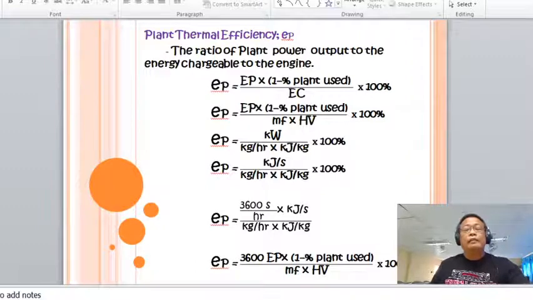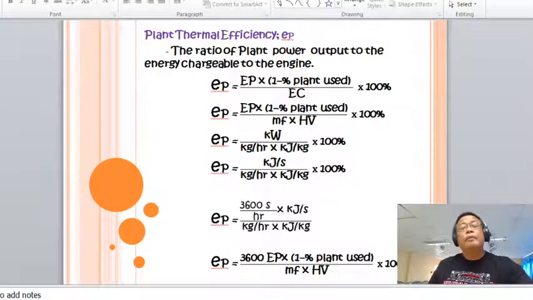Another is the plant thermal efficiency. We are now looking for the plant output here. Instead of electrical power, we are going to multiply that electrical power by the factor 1 minus percent plant used. The plant thermal efficiency now equals electrical power times 1 minus percent plant used over EC.